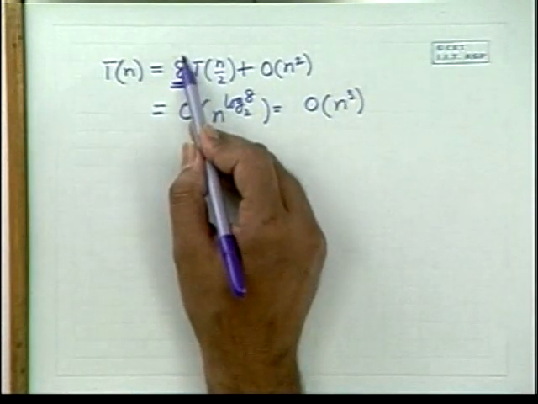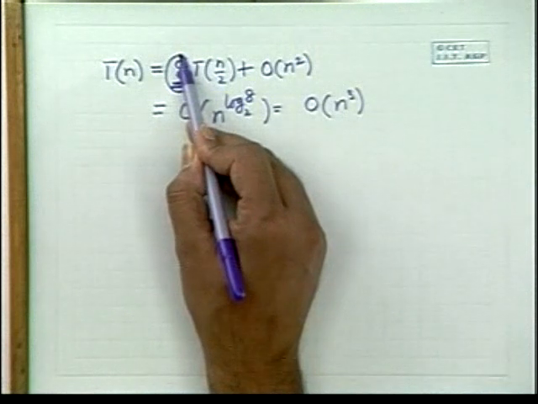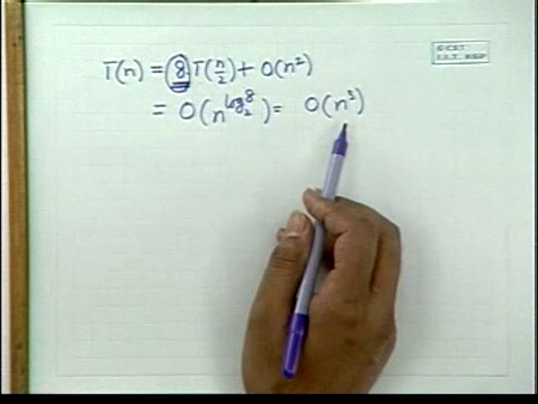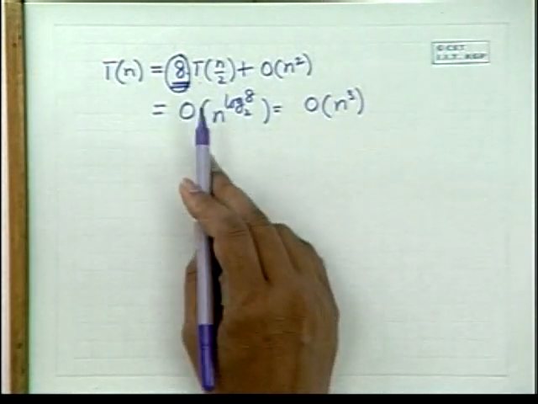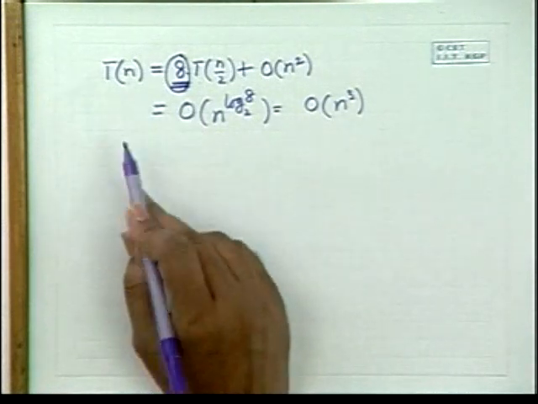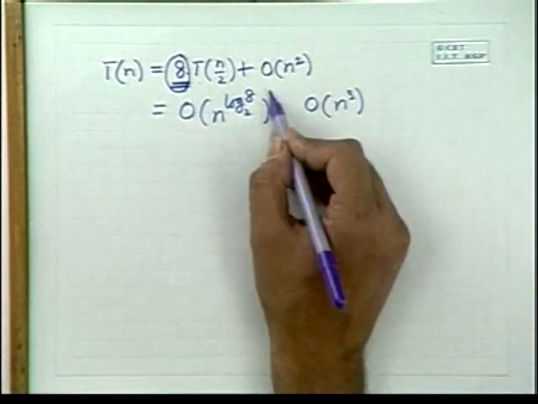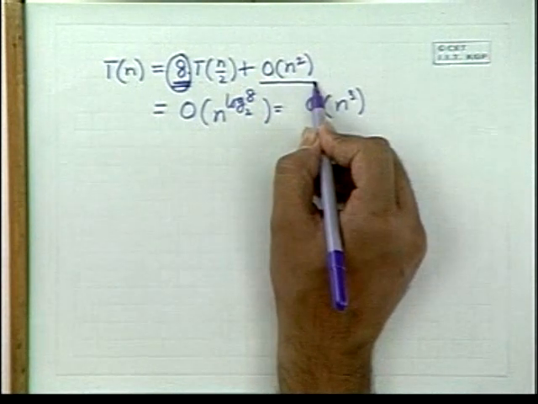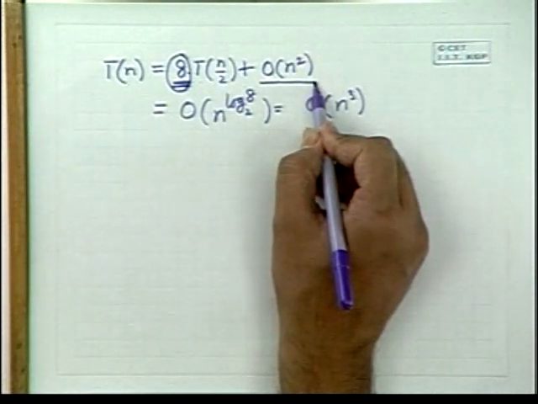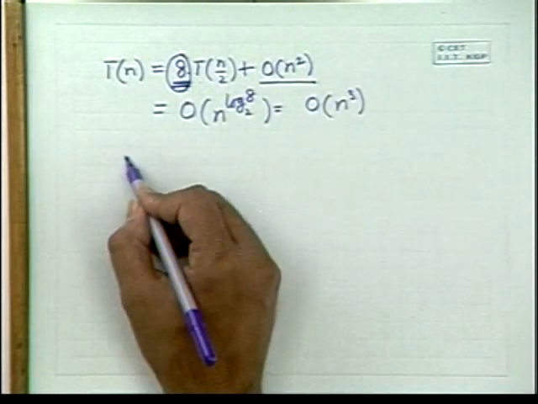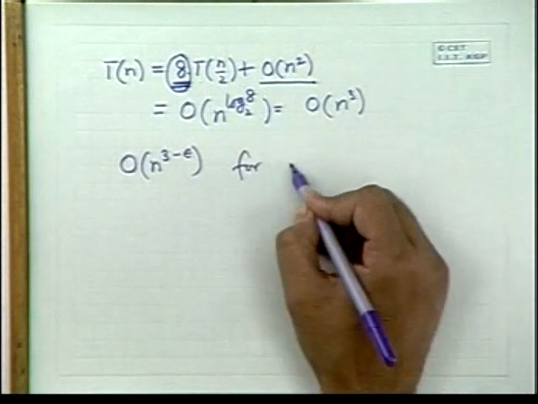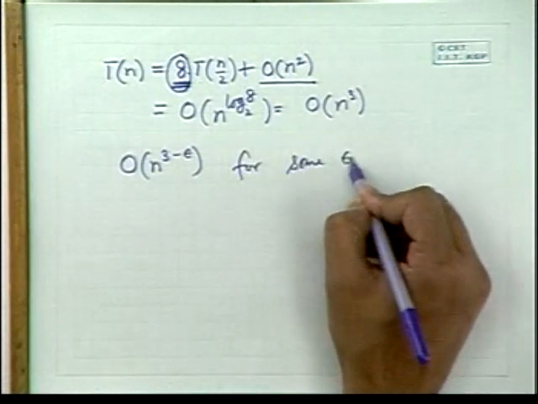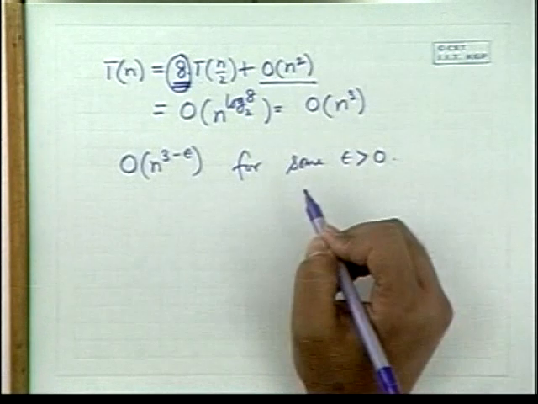But if we can reduce this quantity 8 to any number less than 8, then we will save the time complexity immediately, and that will be our goal now. Let me point out that even if this part is not n square, suppose it is more than n square, say order of n to the power 3 minus epsilon for some epsilon greater than 0, a very small quantity.